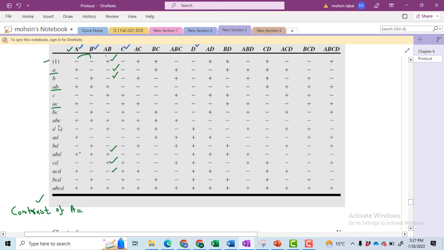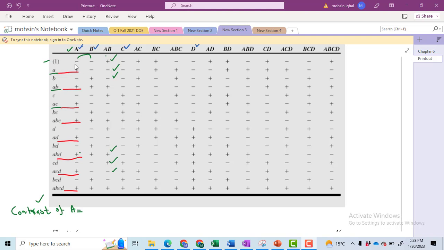First of all I will write those terms that have a positive sign. Please make sure that out of these 16 readings, 8 readings must have positive signs. You can see A, AB, AC, ABC, AD, ABD, ACD, and ABCD. These 8 terms have the positive sign.